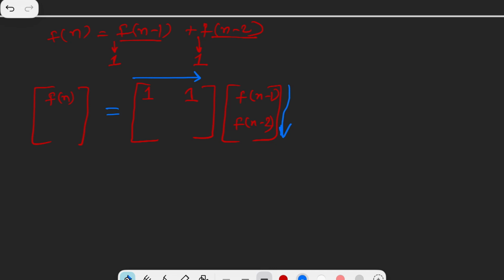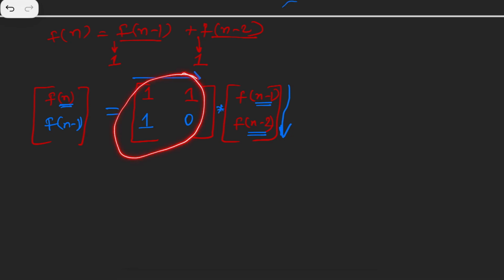But you have f of n minus 2 here for n minus 1. So for f of n, you will definitely need f of n minus 1. So we will write here 1 and 0. And there is a multiplication. If you know matrix multiplication, you can directly see we can compute f of n by multiplying this matrix with this.